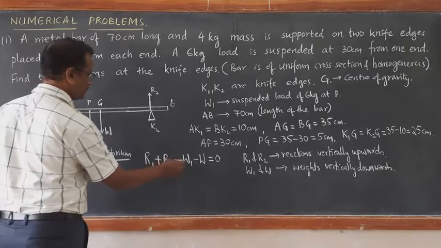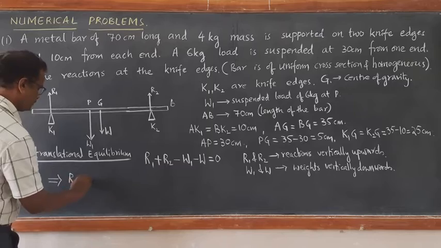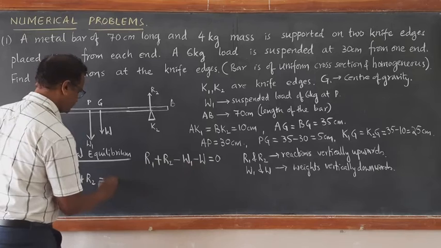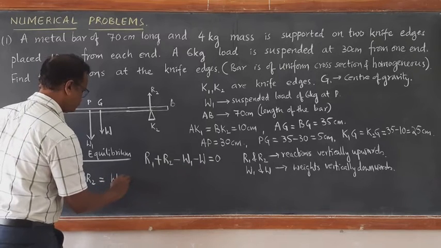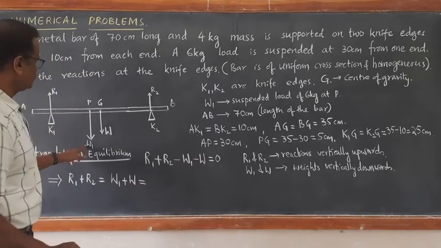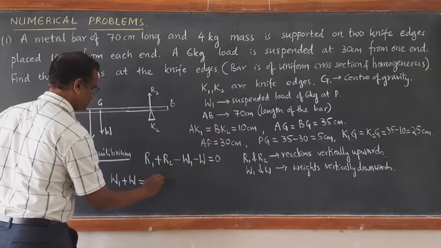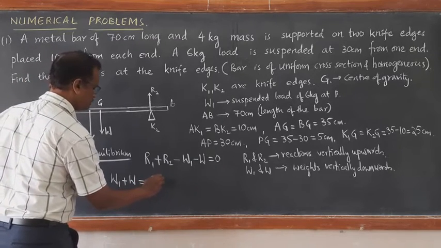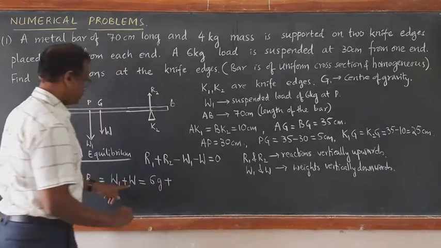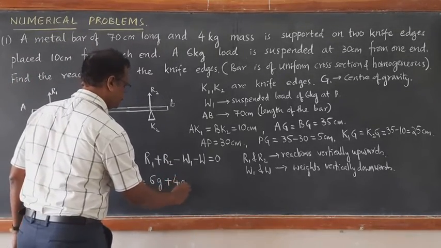So first we will write the equation. This implies R1 plus R2 equals, taking W1 and W to the other side, plus W1 plus W. W1 is the weight of 6 kg, so 6 into acceleration due to gravity, plus W, the weight of the entire metal rod, 4 into acceleration due to gravity.